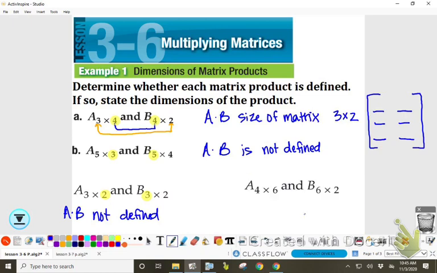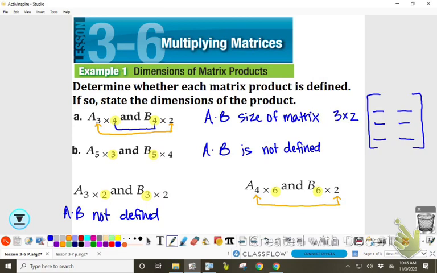The next one, A is a 4 by 6 and B is a 6 by 2. Again, you want the columns in the first one and the rows in the second one to match, and if they do, then the size of the answer is going to be a 4 by 2.